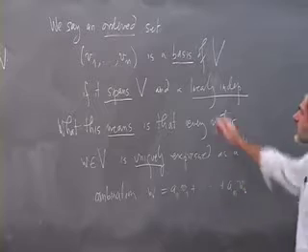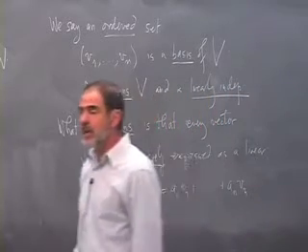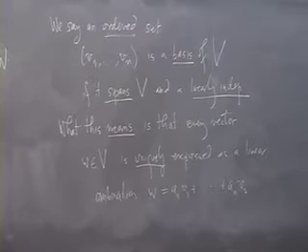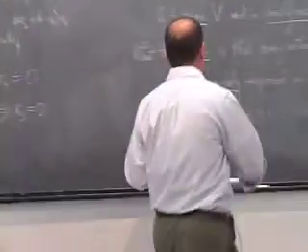The span means you can write it as a combination, but the linear independence then says that that combination is unique, because suppose it were written in another way.